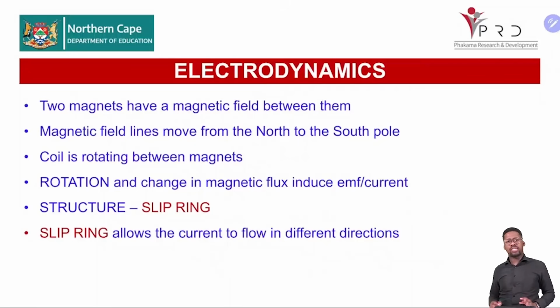Now, let's use the principle of electromagnetic induction to explain what we mean by that. Inside the generator, there are two magnets. The one is North Pole, the other one is South Pole. They're facing each other. And the space between the two magnets, we call it the magnetic field.